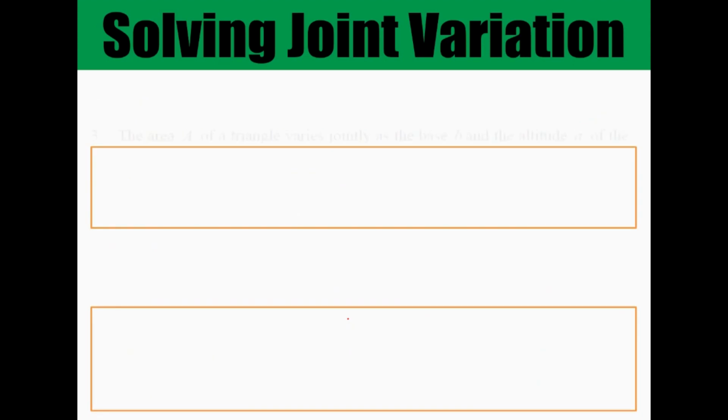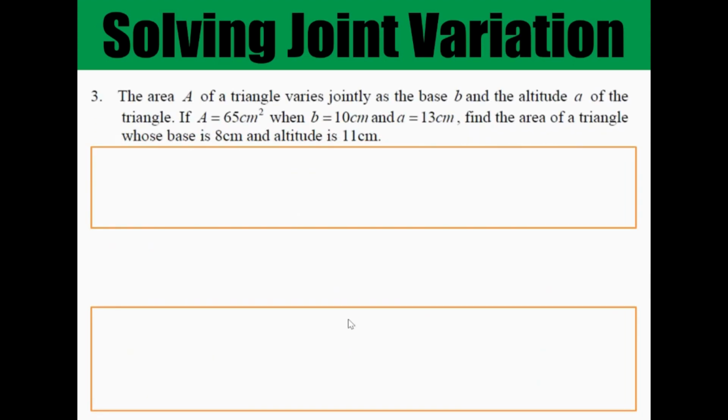Number 3. The area A of a triangle varies jointly as the base B and the altitude A of a triangle. So, let us write first the equation.